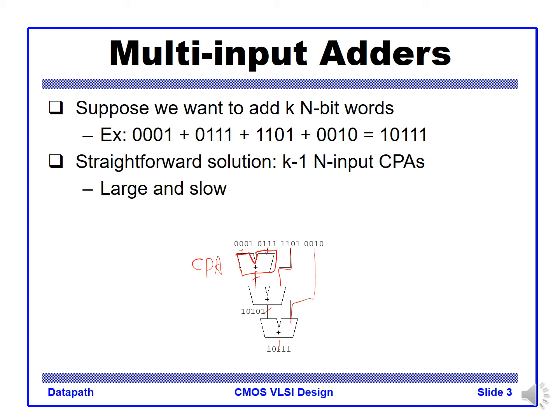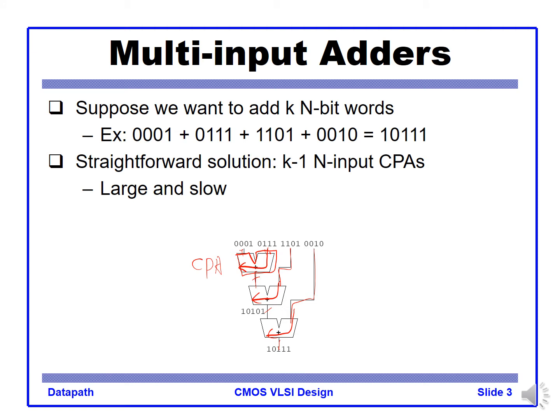But this way constitutes a very large area and is also very slow, because we need to go through the carry propagation of all 3 adders, right? Each adder requires carry propagation from the LSB to the MSB.